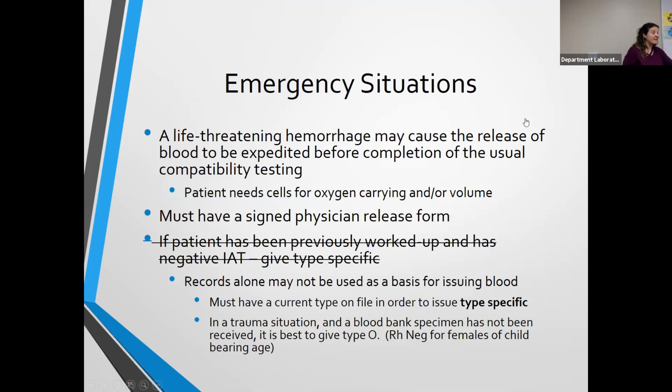But until you get a current sample, we do not release type specific without a current sample, all right? What if they have told you it was the wrong patient? You have no proof that that's who they say it is, all right? So even if we know their history is O positive, we will still issue O negative until we have a current sample, all right? Does that make sense to everybody?